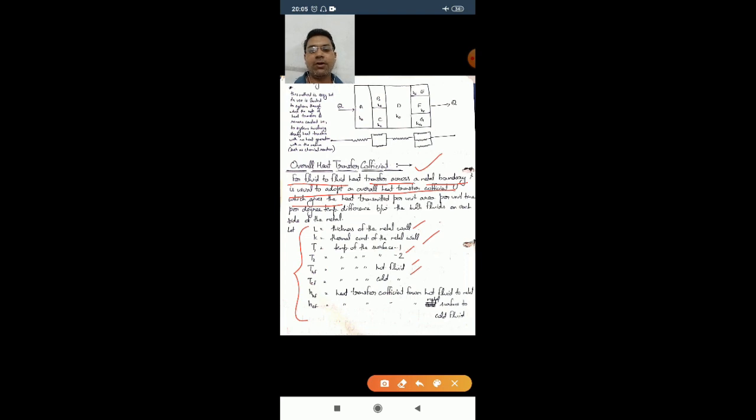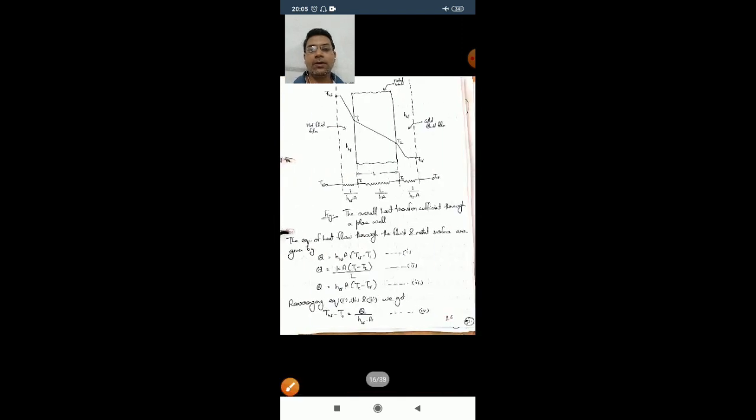THF denotes the hot fluid temperature, TCF the cold fluid temperature. HHF means heat transfer coefficient from hot fluid to metal, and HCF from metal to cold fluid. So this is the diagram and the respective nomenclature.